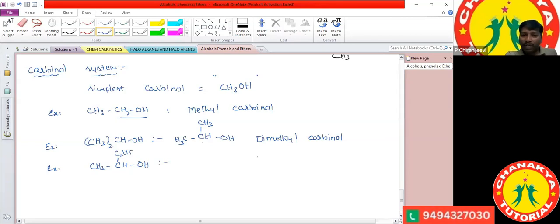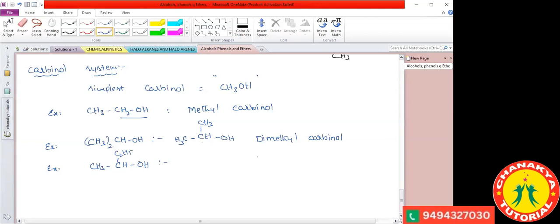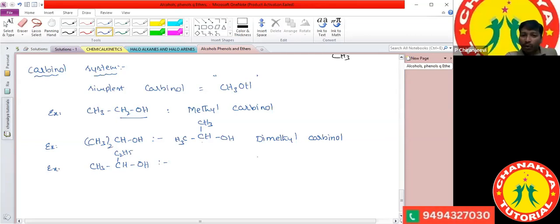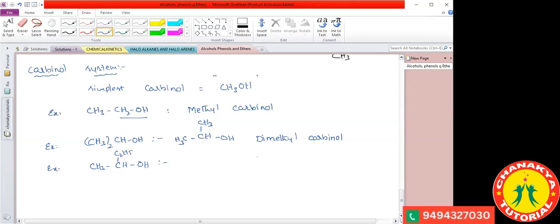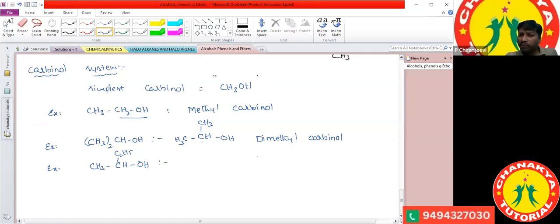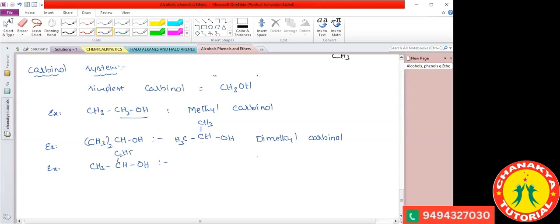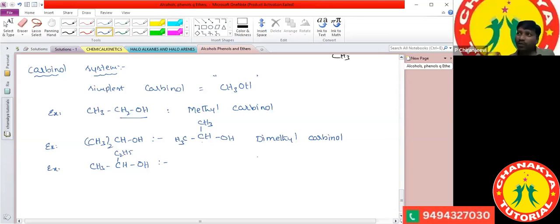Ritu, how many alkyl groups are attached to the carbinol? 2, sir. So can you tell me the name of the alkyl groups? C2H5 and CH3.